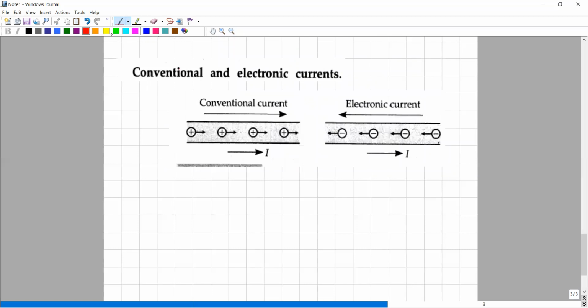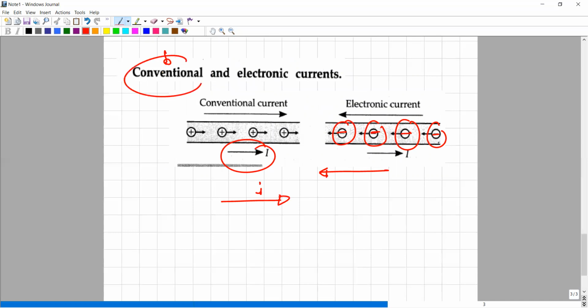So if the electrons, the negative charges, are moving in this direction, the current is considered to be going in the opposite direction. Okay, that's what conventional current is. It is not such an SI unit or value, so it is not very important.